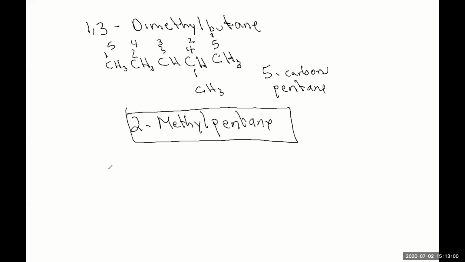And while we're on this compound, let's do the line angle formula for this one. 1, 2, 3, 4, 5. So here's the main chain, and then the methyl group is at position 2, which is right here. So this is the line angle formula for 2-methylpentane.